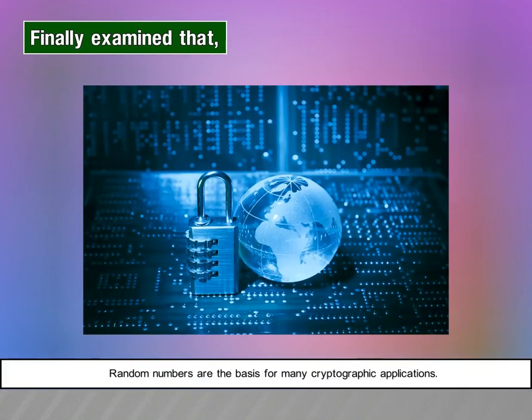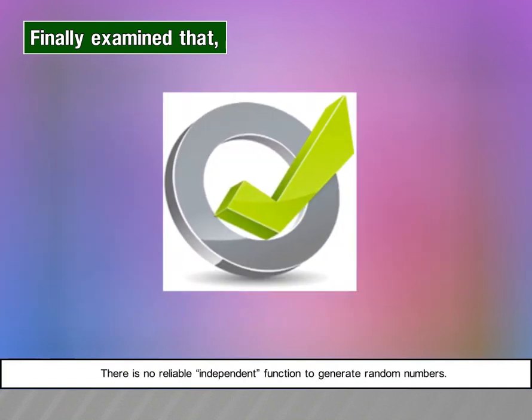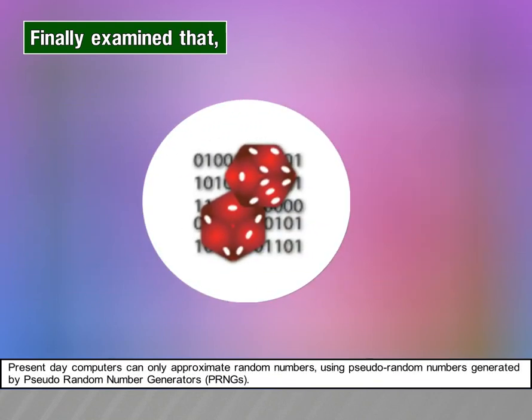Finally, we examined that random numbers are the basis for many cryptographic applications. There is no reliable independent function to generate random numbers. Present-day computers can only approximate random numbers using pseudo-random numbers generated by pseudo-random number generators (PRNGs).